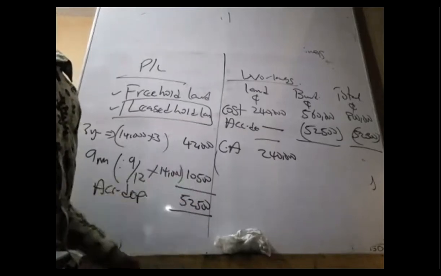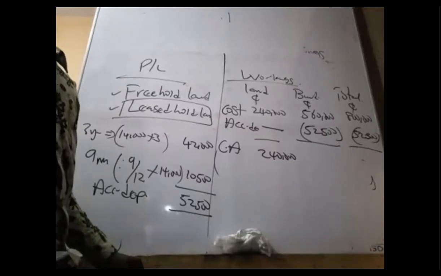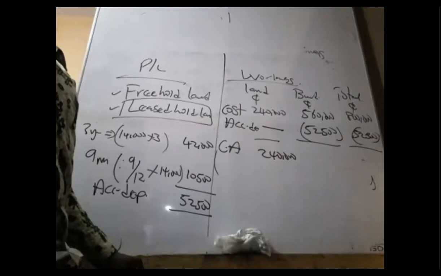And then you are doing the total for me. So 560,000 less 52,500.